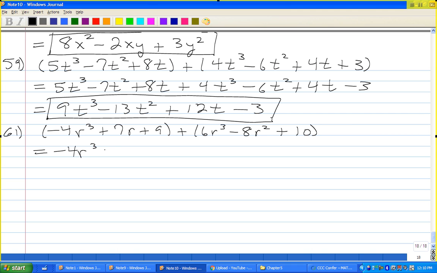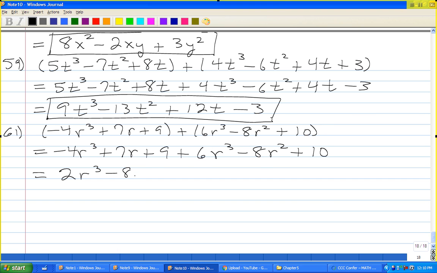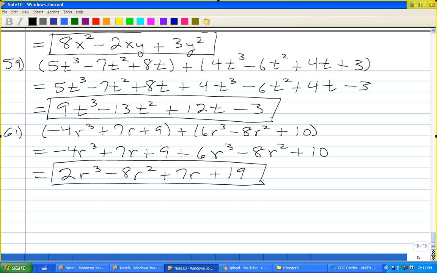Minus 4r cubed plus 7r plus 9 plus 6r cubed minus 8r squared plus 10. 6r cubed minus 4r cubed is 2r cubed, minus 8r squared, 7r plus 7r, 9 plus 10 is 19.